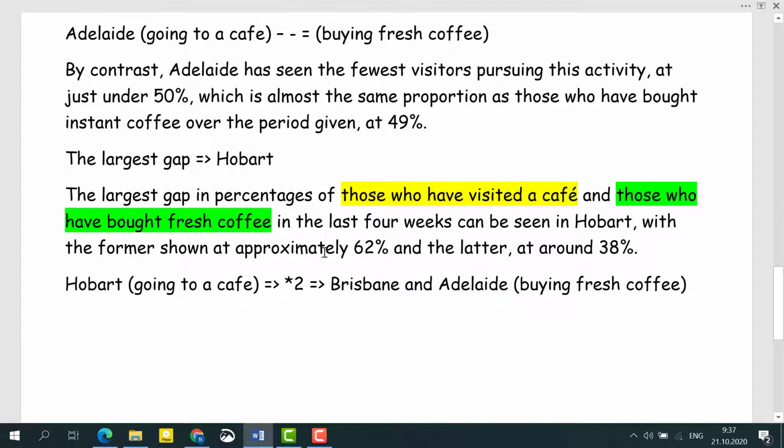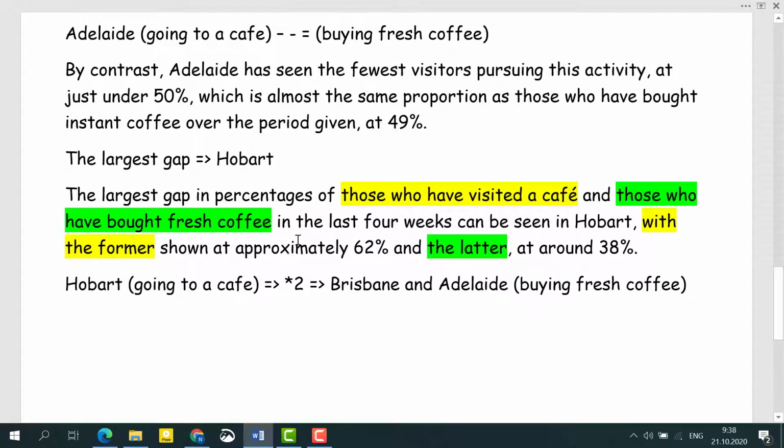Okay, so those who have visited a cafe and those who have bought fresh coffee. And then with the former means we are referring back to the first category. So with the former, which means those who have visited a cafe, okay, shown at approximately 62%, and the latter is referring to the second aspect that we have mentioned. It means those who have bought fresh coffee.